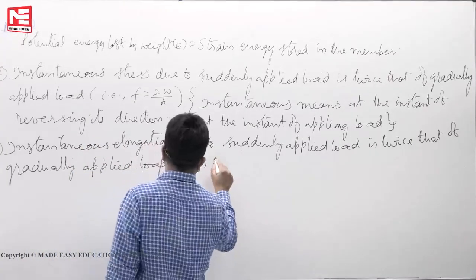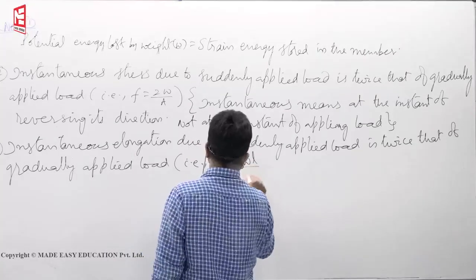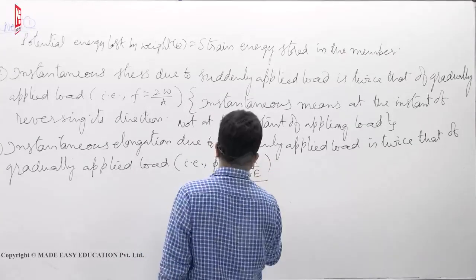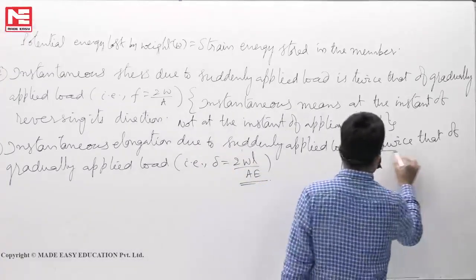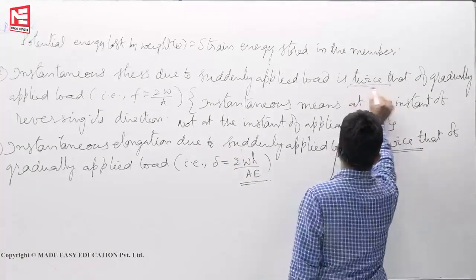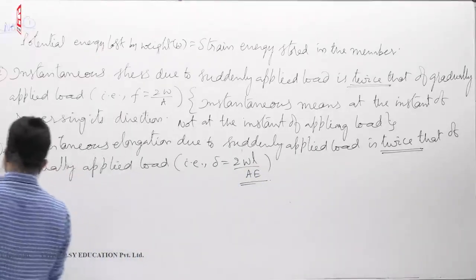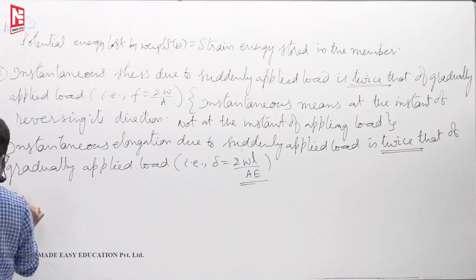That is, delta is equal to 2WL by AE. This twice you are expected to remember. Then strain energy is how many times more?